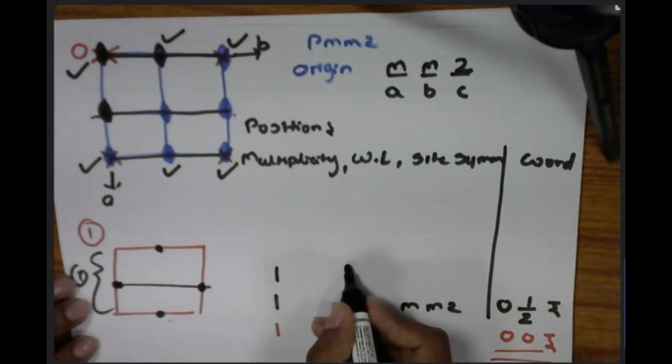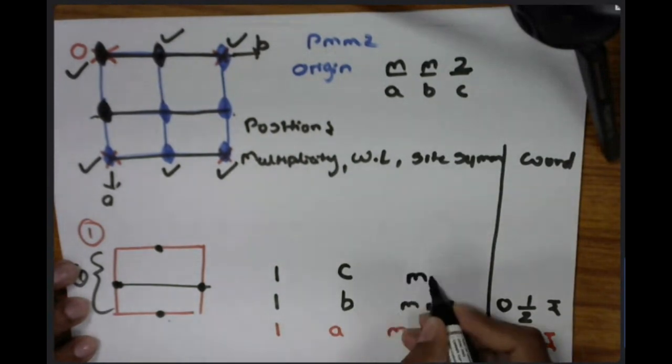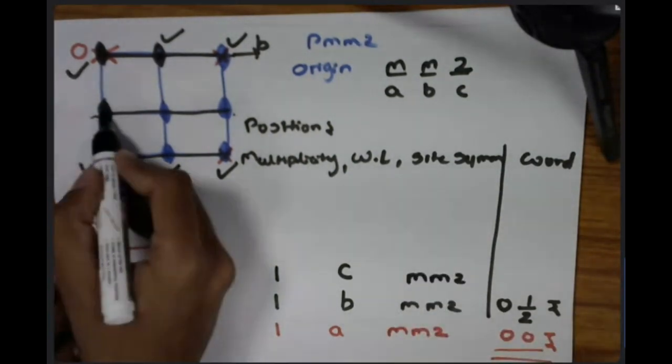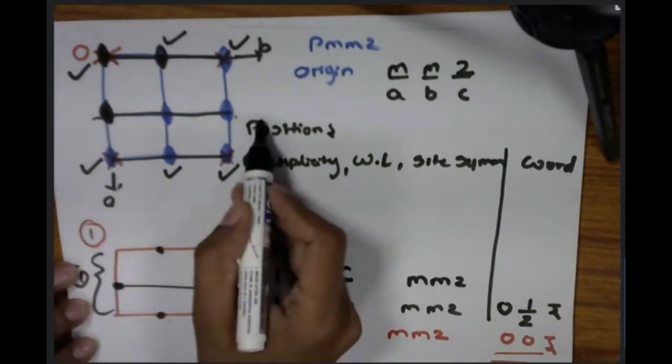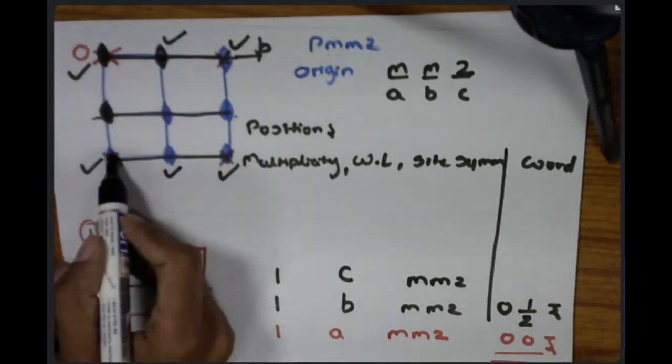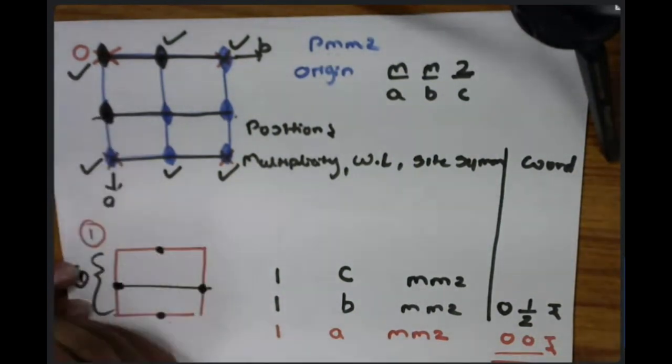Let's move ahead with the Wyckoff letter, and we can see we're getting to C. The site symmetry is still mm2, because here we can see that there is a mirror perpendicular to the x-axis, a mirror perpendicular to the y-axis, and also a twofold rotation about the z-axis.